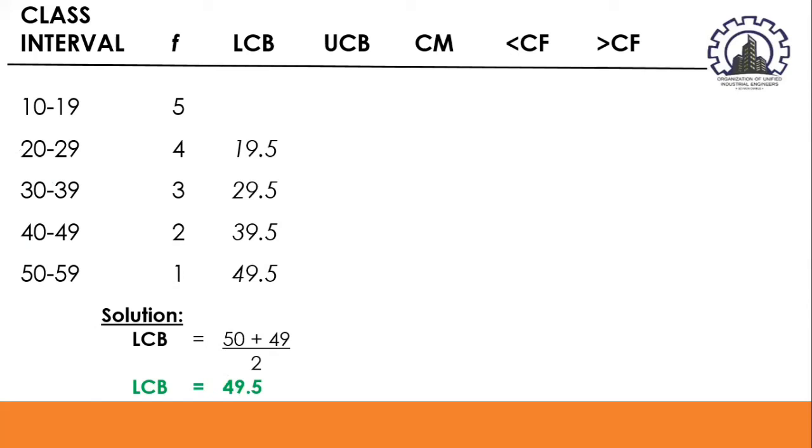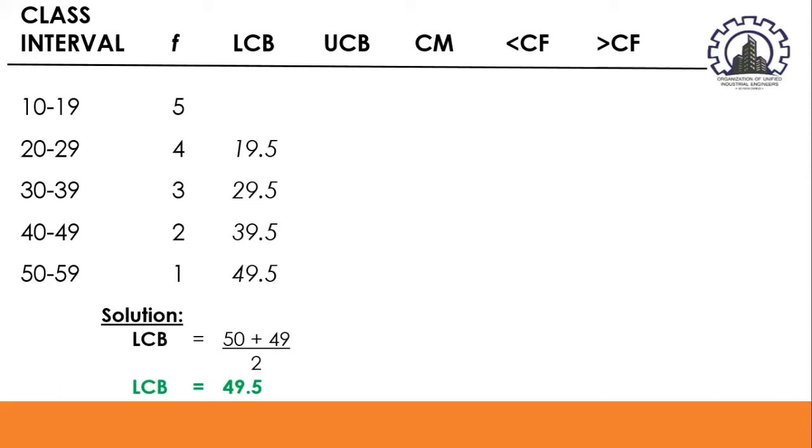Now, what is the lower class boundary of the first class, the class interval 10 to 19? Take note that there is an imaginary class interval there. So what's the preceding class interval before 10 to 19? We have 0 to 9.